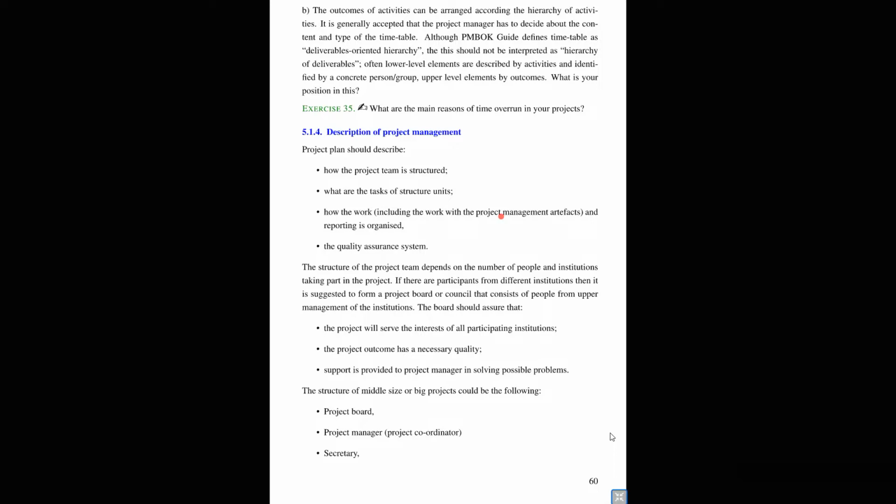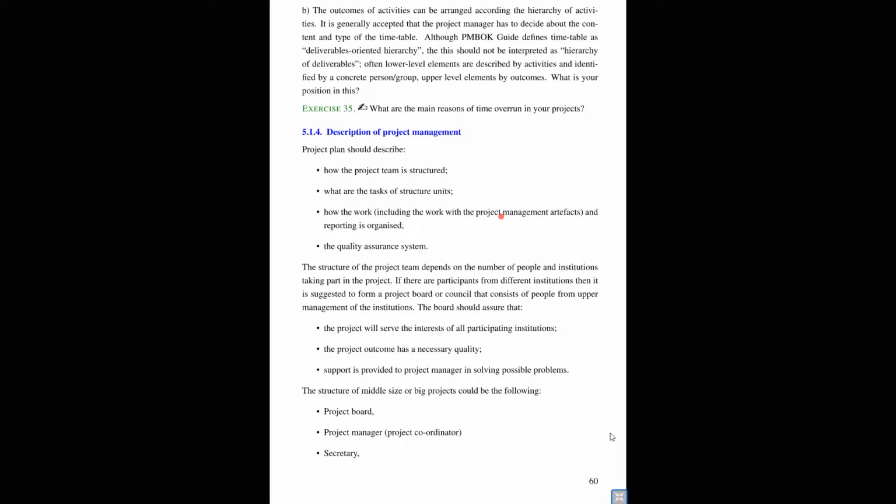This board should be able to assure that the project will serve the interests of all participating institutions, that the project outcome has a necessary quality, and that support is provided to the project manager in solving possible problems.